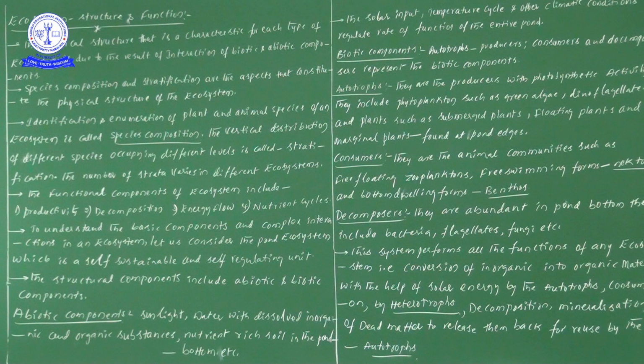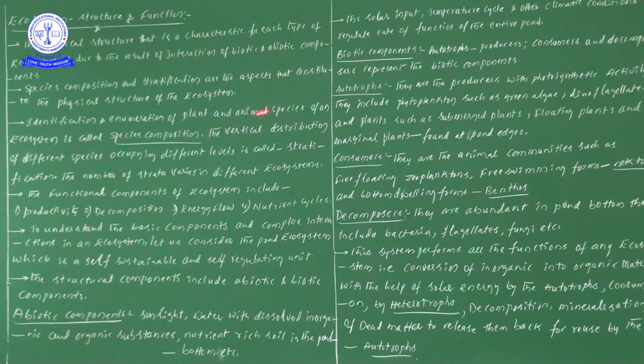Identification and enumeration of plant and animal species of an ecosystem can be termed species composition. Try to say along with me: identification and enumeration of plant and animal species of an ecosystem is species composition. These are all different types of definitions, and I will definitely ask you about them.